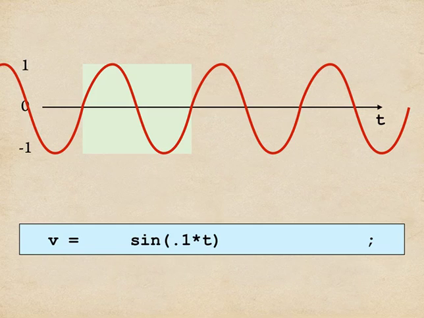I start with this kind of thing all the time, and then I change the value of 0.1 until the animation looks right. Sometimes I end up with tiny numbers like 0.000001, and sometimes I have huge numbers like 10 million. But I start here, and then I just play with it until it looks right.